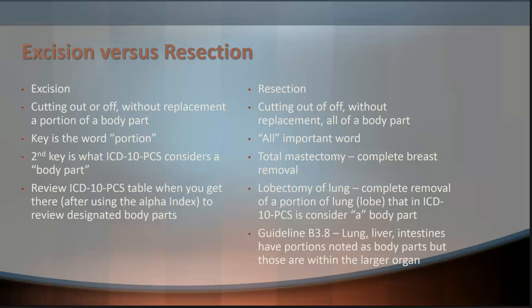The other key is, does ICD-10 PCS consider the part of the body that the surgeon is working on a distinct body part? Typically, they're very anatomically correct, but in certain specific body parts, such as the lung, the liver, and the intestines, ICD-10 PCS decided to break those large body parts into individual sections.